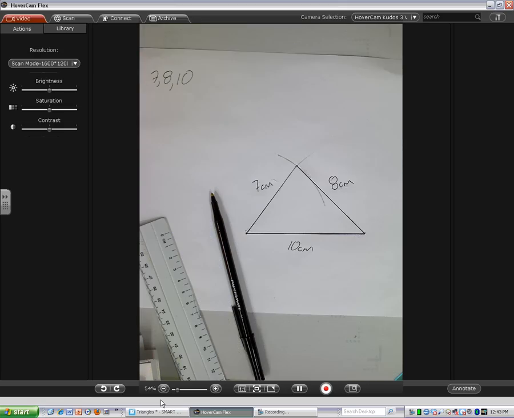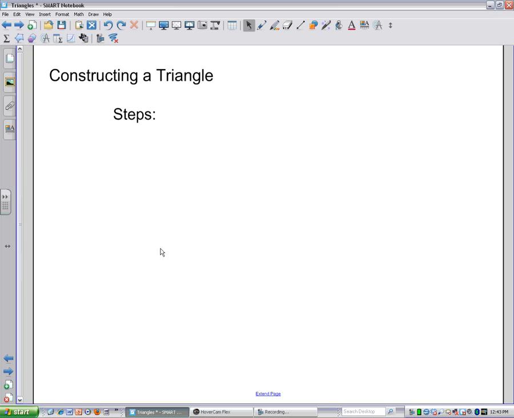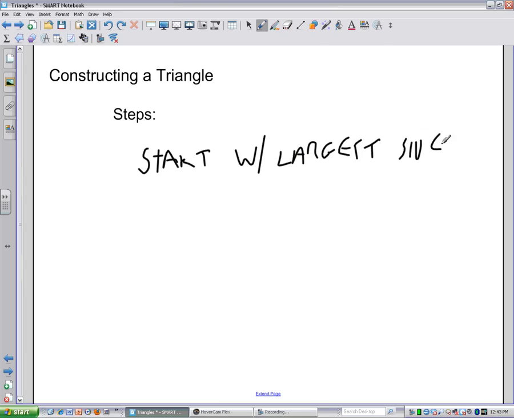So let's get a little summary going. Steps to make a triangle. I was going to type it because my handwriting would be better, but we start with the largest side. You draw that one freehand.